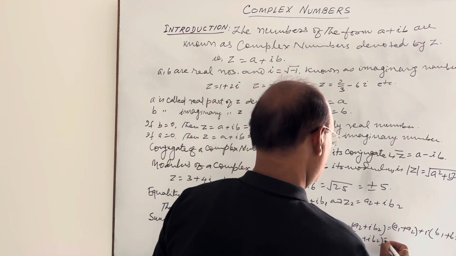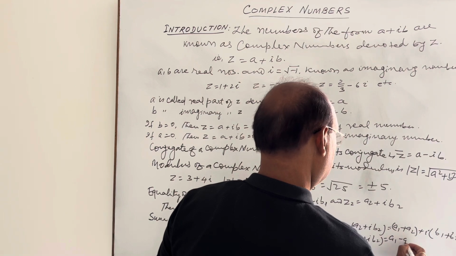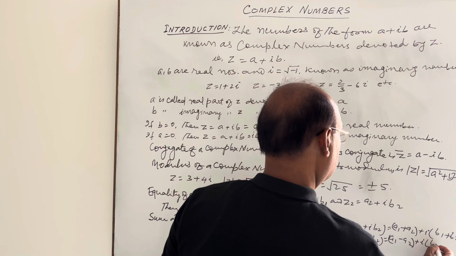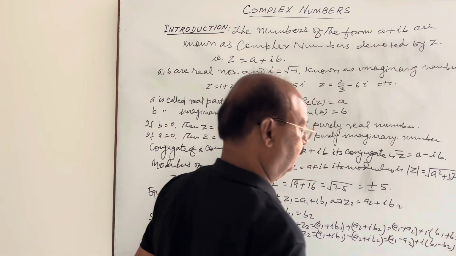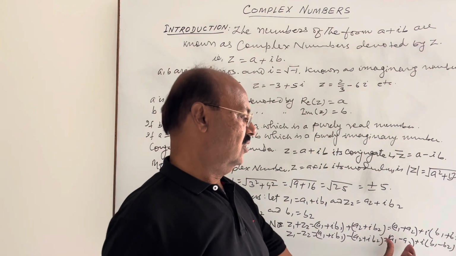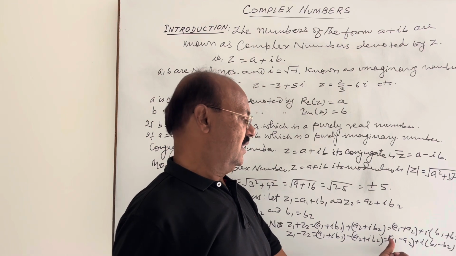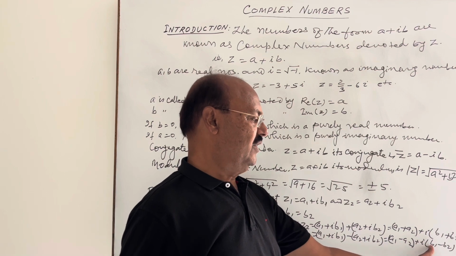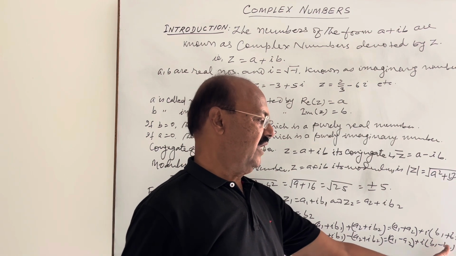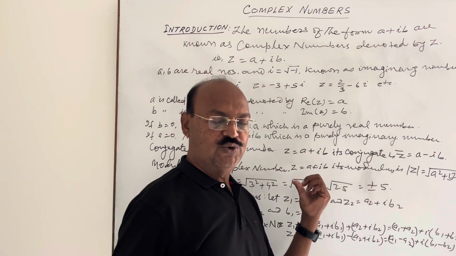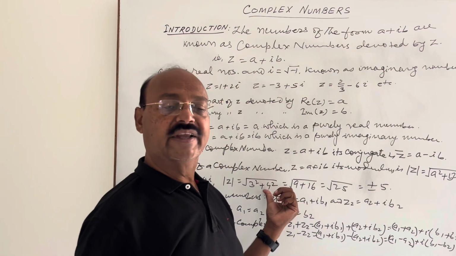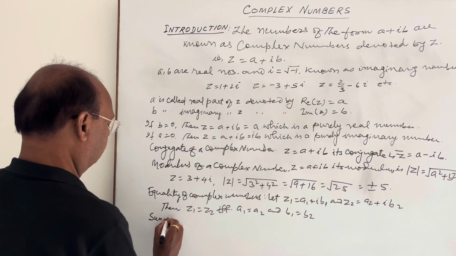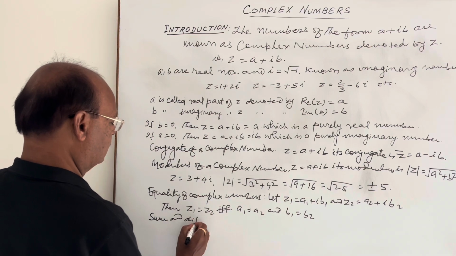This is equal to a1 minus a2 plus i into b1 minus b2. Correct? Here is the difference of two real parts, first real part minus second real part. Similarly, difference of imaginary parts, first imaginary part minus second imaginary part of these two complex numbers z1 and z2 respectively. Clear?